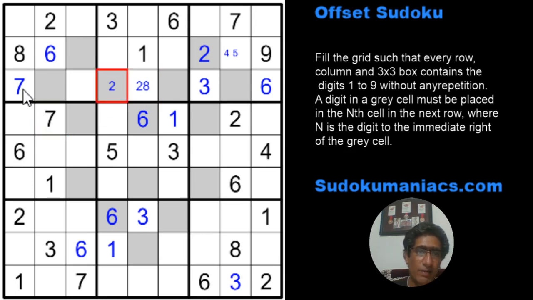But I can't place a 7 because I already got a 7 in that row. So I know for sure this cannot be a 2. Right? So the 2 has to be here with the 8 here. Clear so far? Good. Next. What would be my next bet?